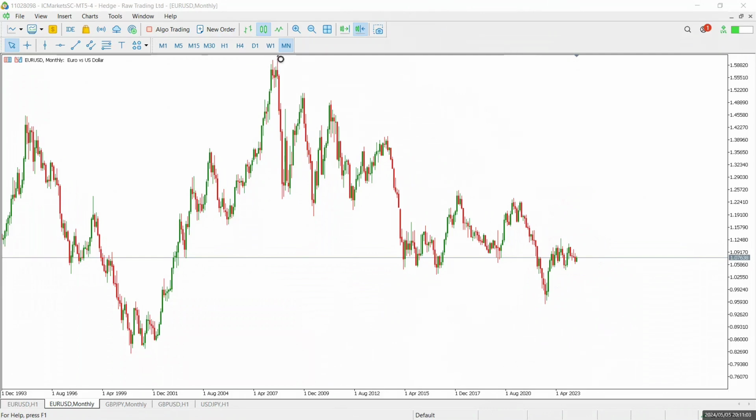So what is this structure? It's a structure of push, exhaustion, push, exhaustion, push, exhaustion, push, exhaustion, push, and price is currently at a particular point right here. Without any iota of doubt, one thing we can see on the monthly time frame is that the monthly time frame is bearish.